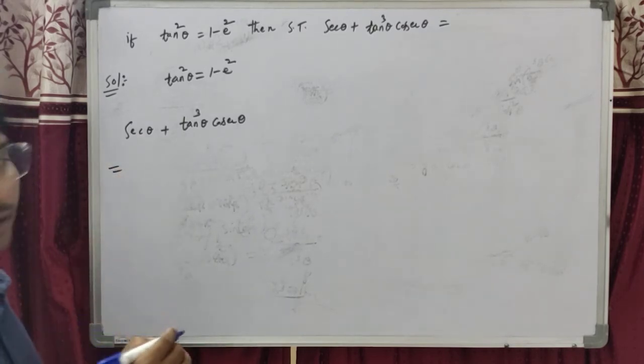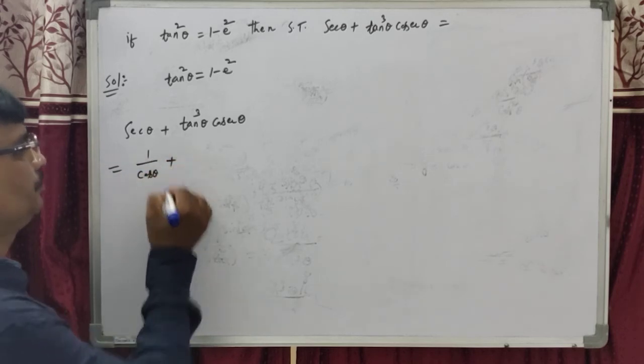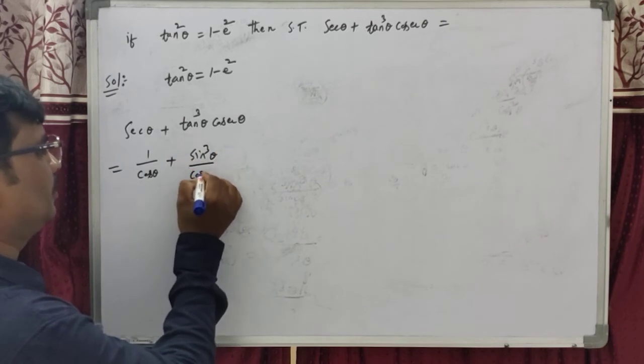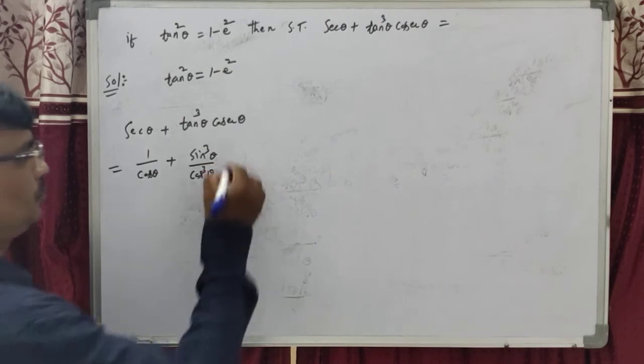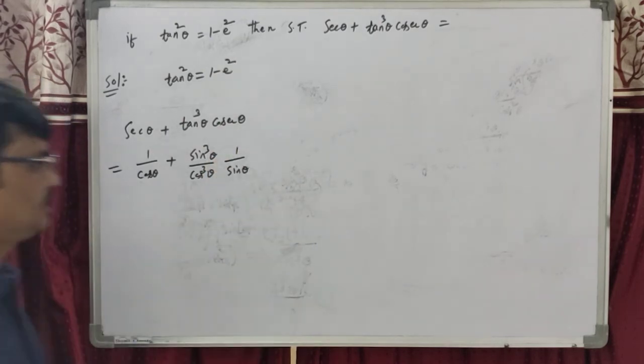Students, secant we know is 1 by cos theta. Sin cube theta by cos cube theta is tan cube theta. Reciprocal of cosecant is 1 by sin.